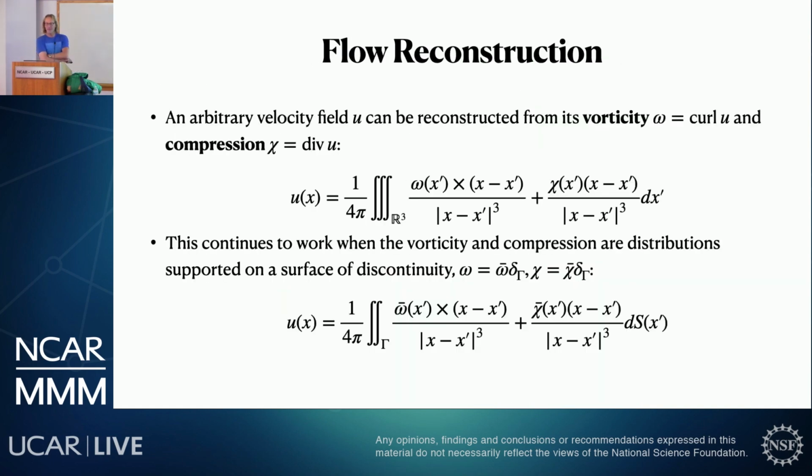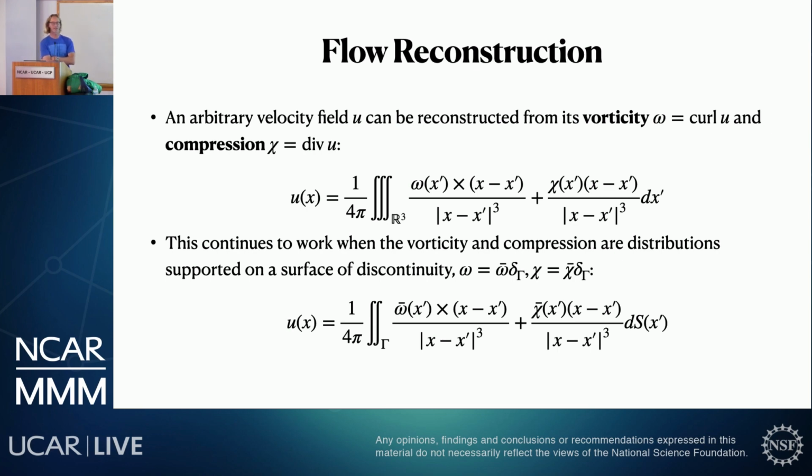And the idea is that, here's a simple example, if you knew the vorticity and the compression of your fluid, you could reconstruct the velocity field by effectively inverting the Laplace operator. Here in 3 dimensions, the Laplace operator has this particular representation. The inversion of the Laplace operator is this particular representation.